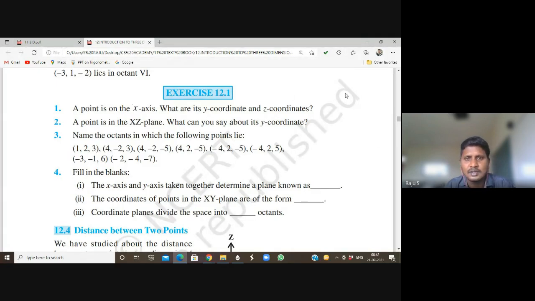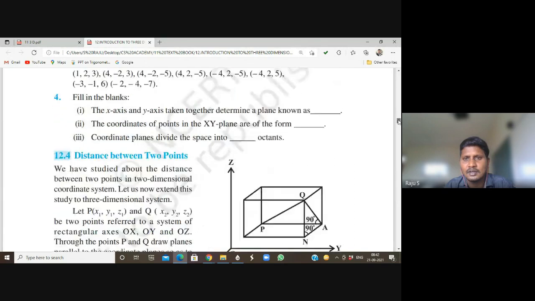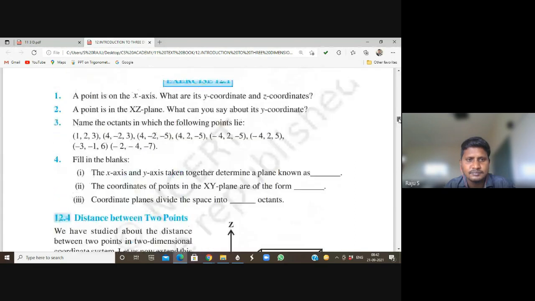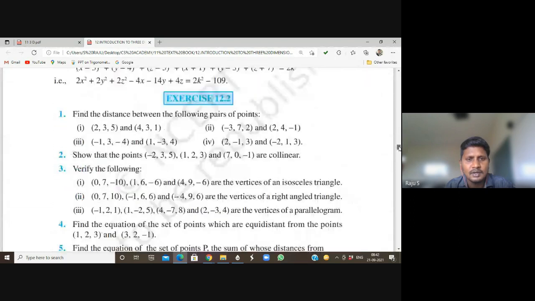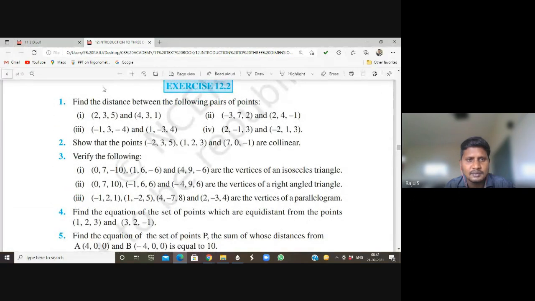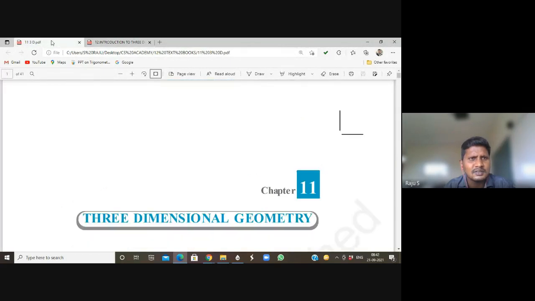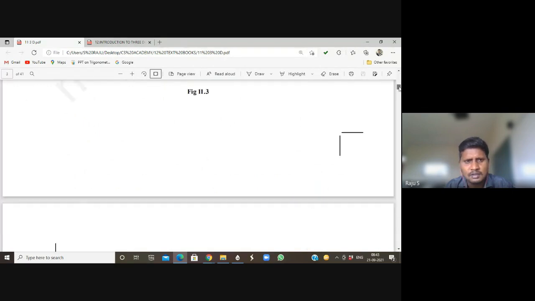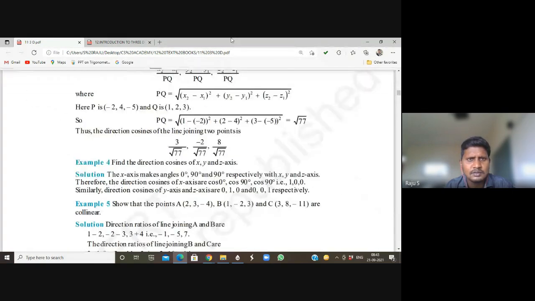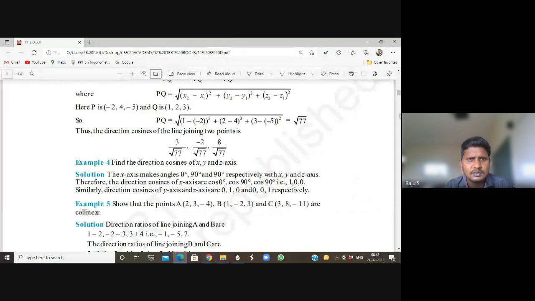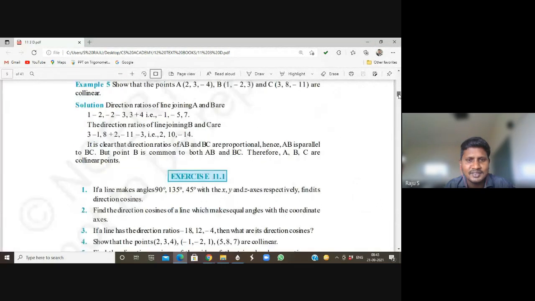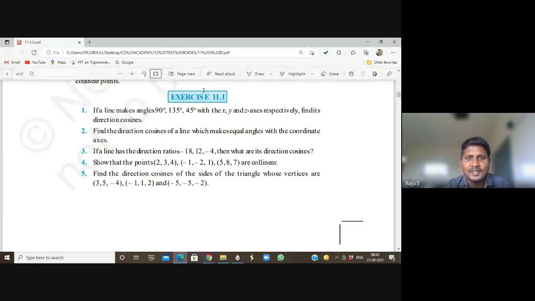Okay, this is like 12.1. 12.1 is very easy, and I'll explain the concept of it. That is about the Class 11th exercise, that one. Okay, this is about Class 12th.